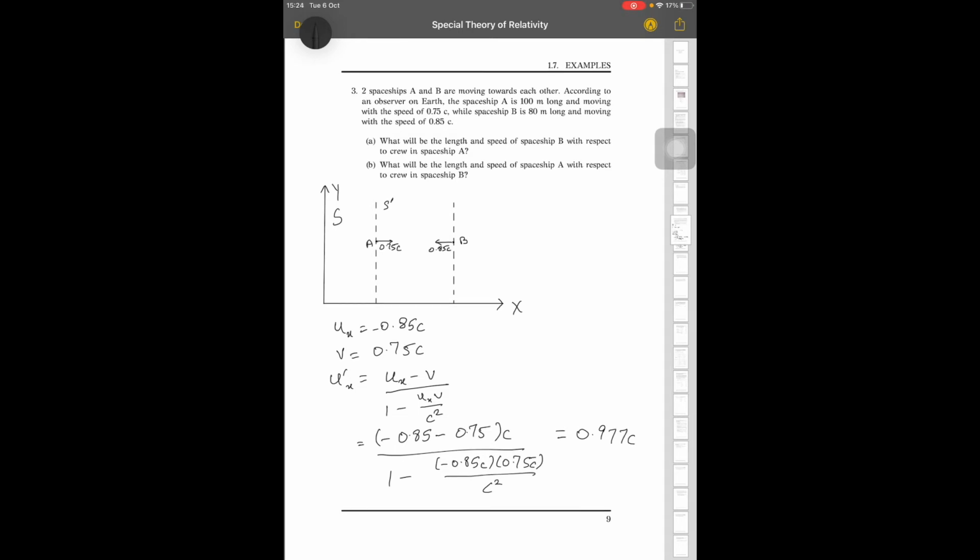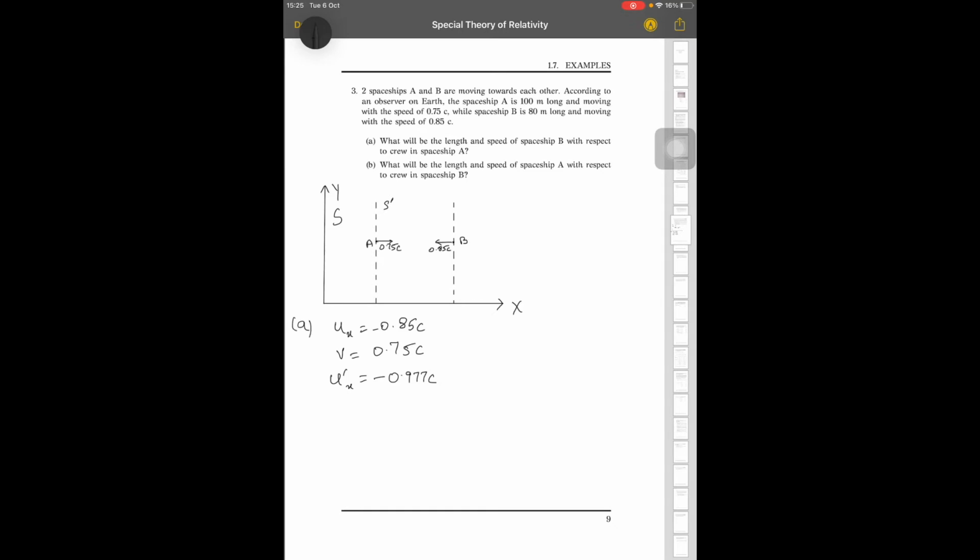Oh, I forgot a negative sign because it's traveling in the negative direction, and so u dash x equals minus 0.977 c, and this is the first part.